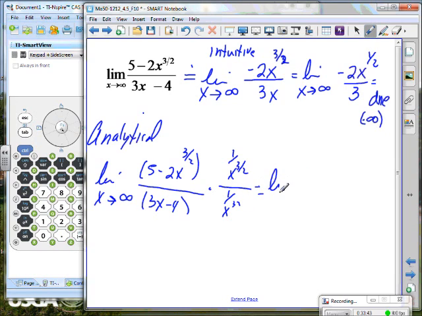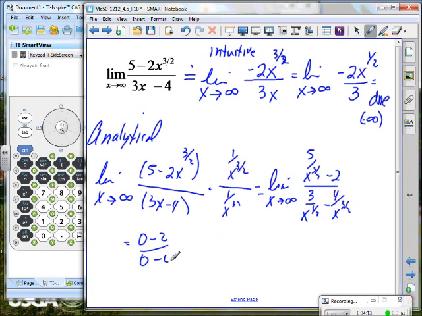That gives me the limit as x approaches infinity of 5 divided by x to the 3/2 minus 2, over 3 divided by x to the 1/2 minus 4 divided by x to the 3/2. Once again, we're back to Theorem 4.10. We get 0 minus 2 divided by 0 minus 0.